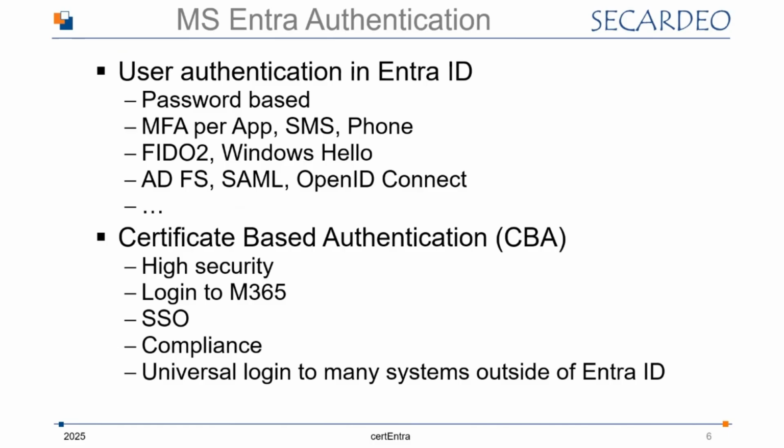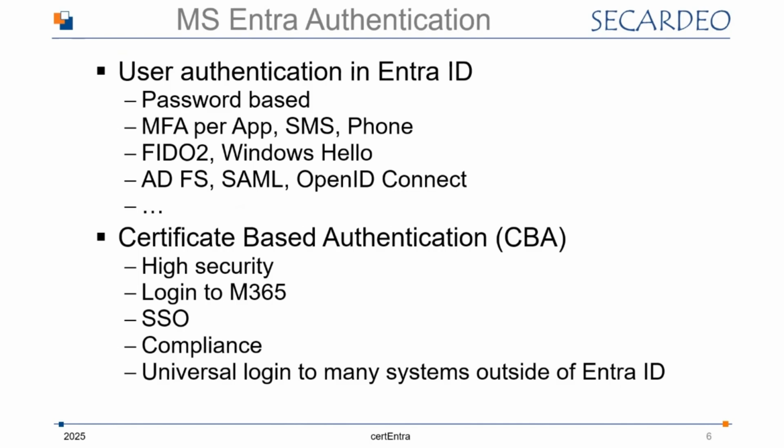The other use case is authentication. Authentication in Entra ID can be password-based, MFA, FIDO, SAML. There are many authentication features supported, but one very good and very important authentication mechanism is certificate-based authentication, CBA.